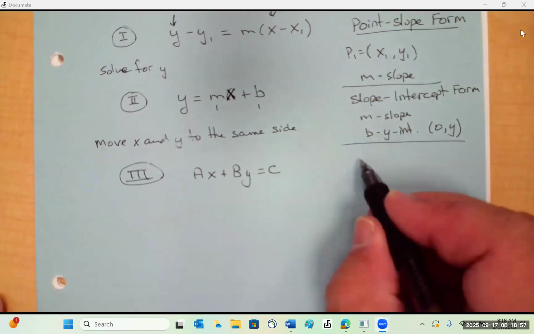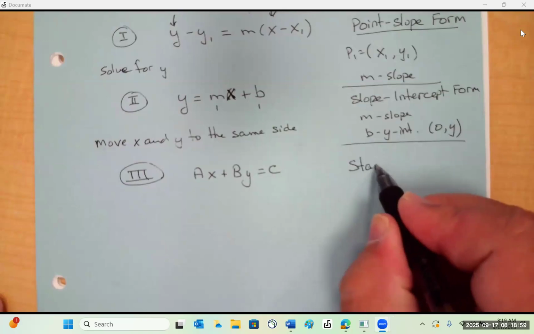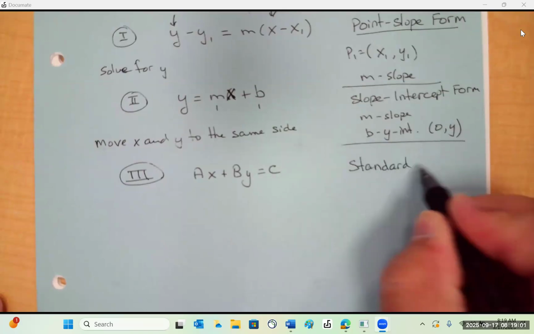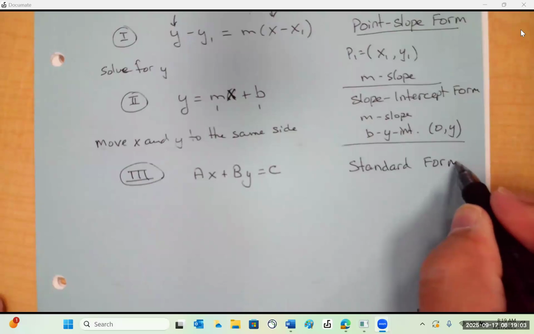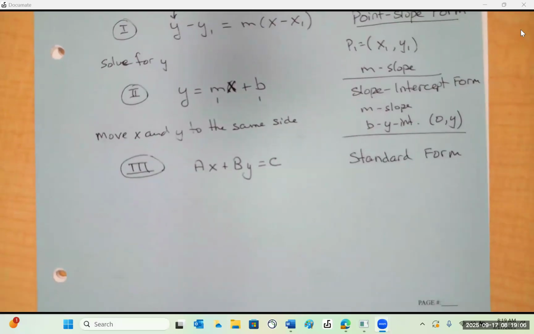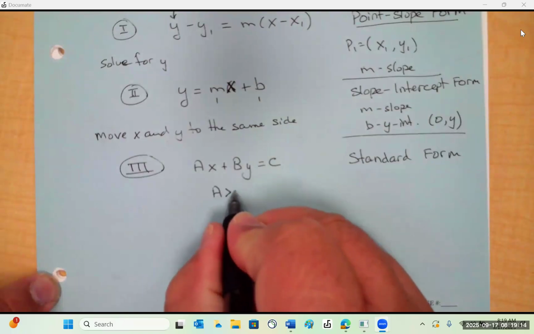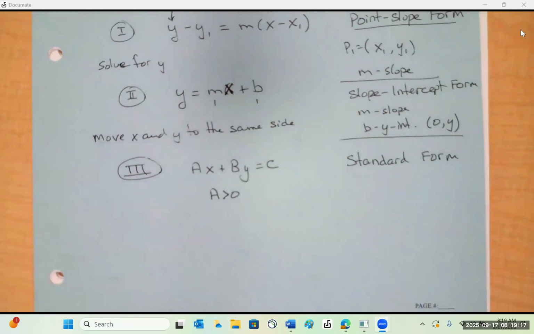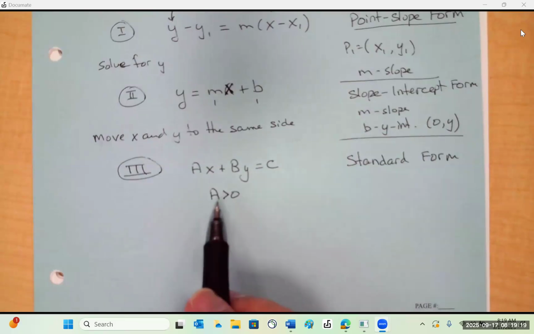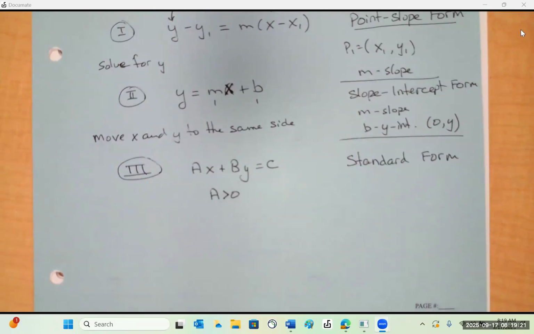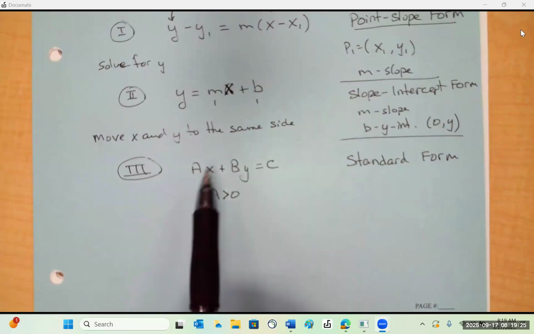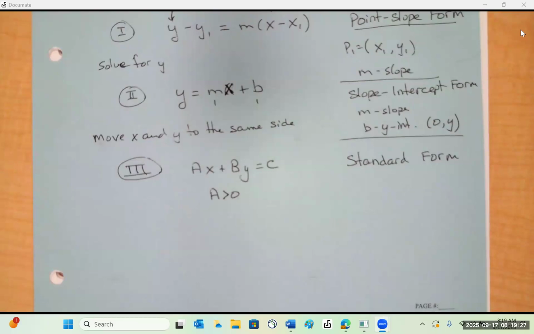This third method is called the standard form. The only stipulation here is A has to be positive. If A is negative, then just change the signs across the equation. But the leading coefficient, A, has to be positive.